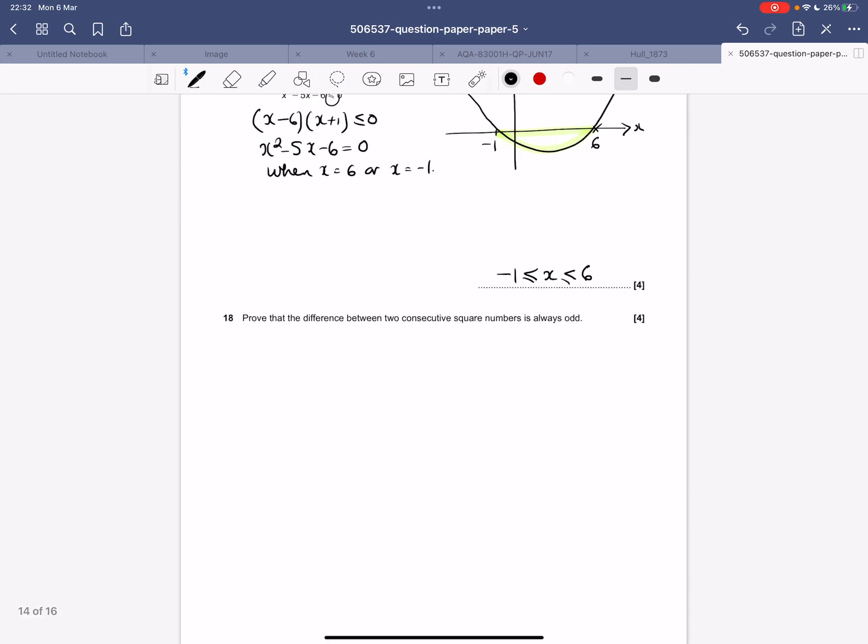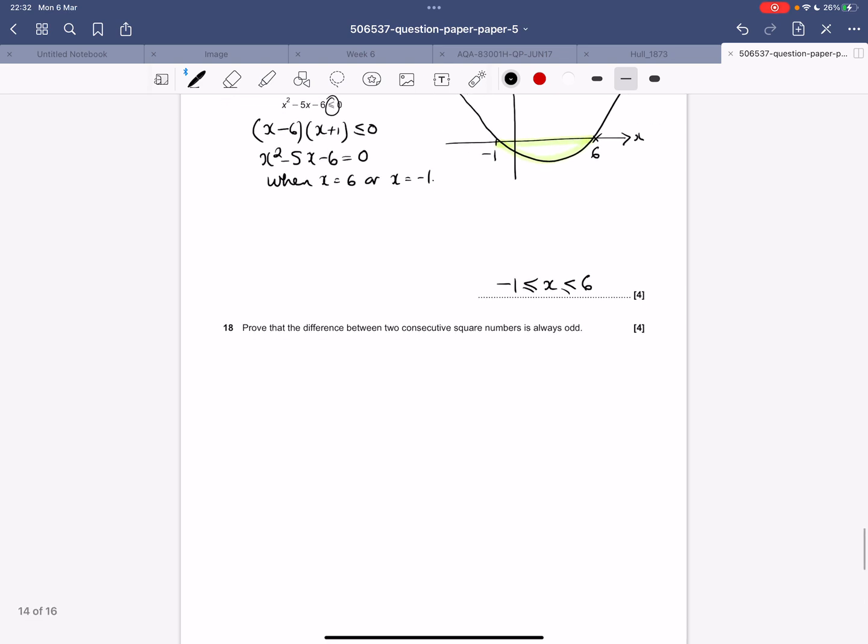Prove that the difference between two consecutive square numbers is always odd. So consecutive square numbers are n squared and then n plus 1 squared. So the difference is n plus 1 squared minus n squared.